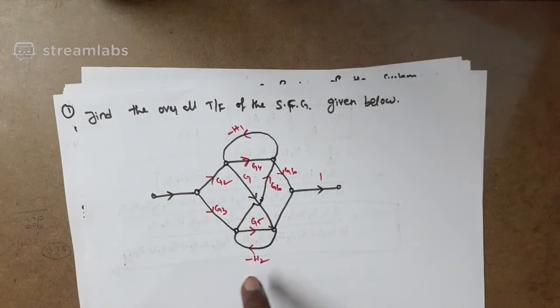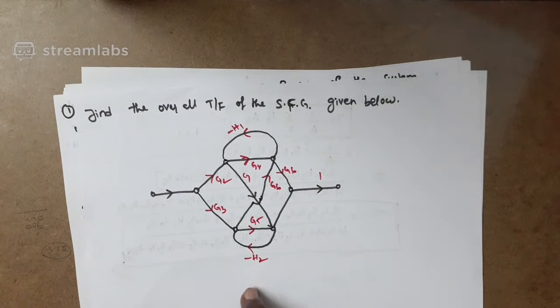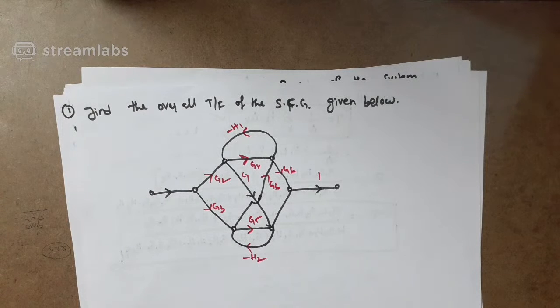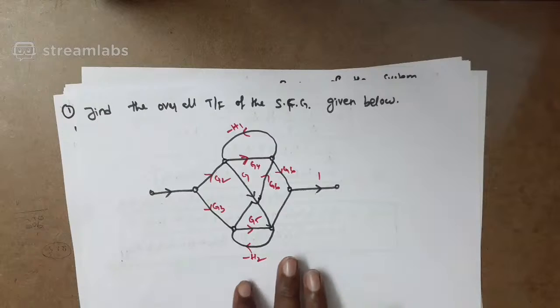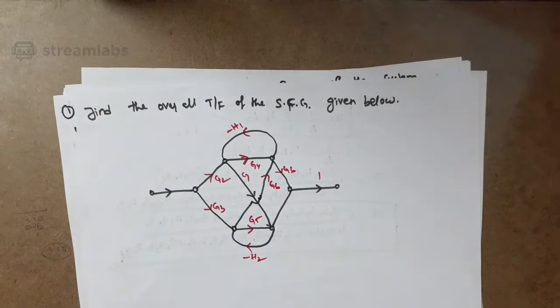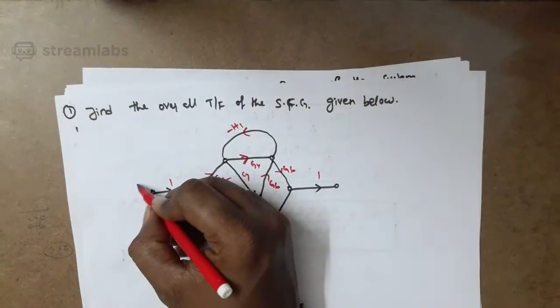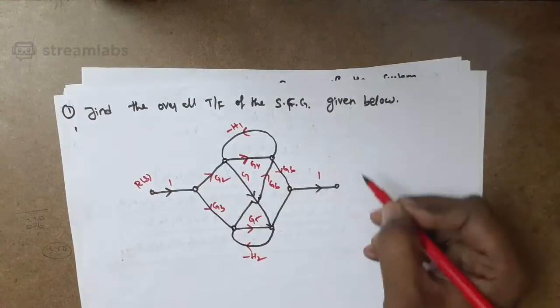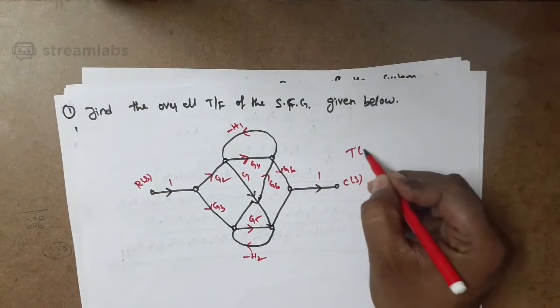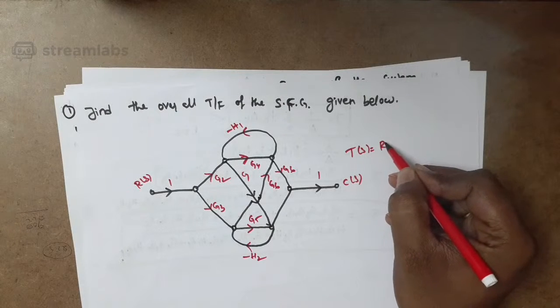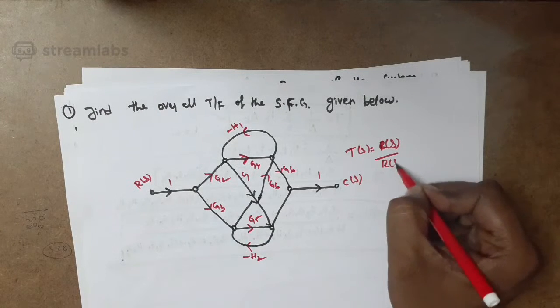You have to give the answer to me in the afternoon session. So don't forget, you are all giving the answer to this question in the afternoon session. Okay, so R of S, C of S, you are going to find T of S, which is equal to C of S by R of S.